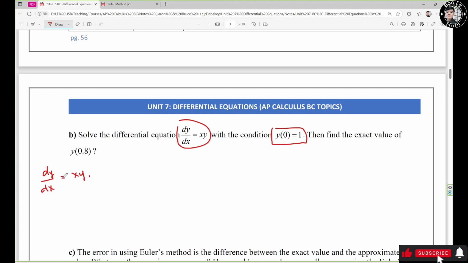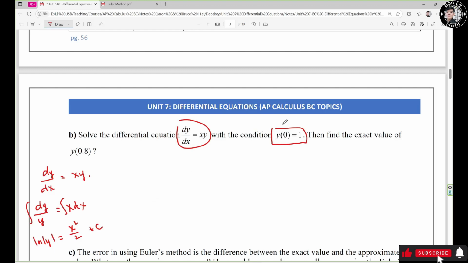Now, I need to separate these variables by dividing both sides by y and multiplying both sides by ds, right? So it's going to be dy over y equals s ds, right? Then I'm going to take antiderivative both sides, right? So it's going to be natural log of absolute value of y equals s squared over 2 plus c, right?